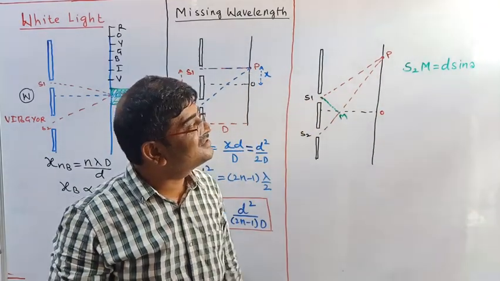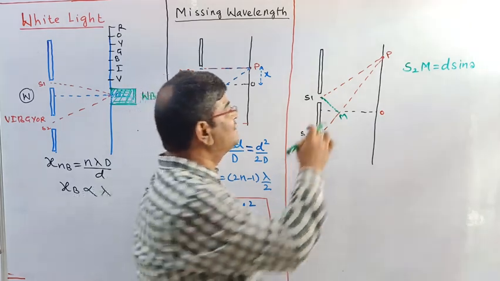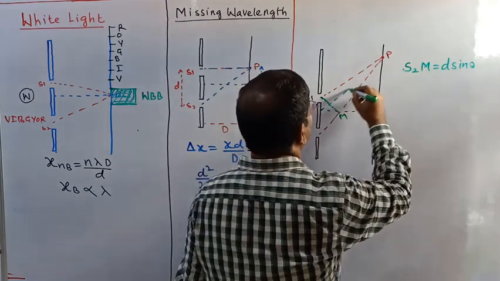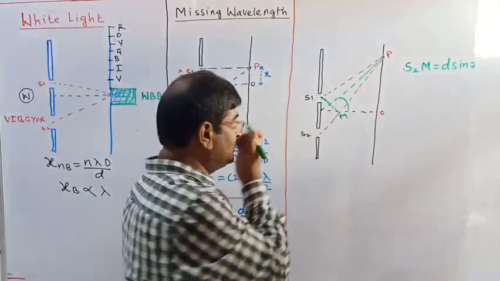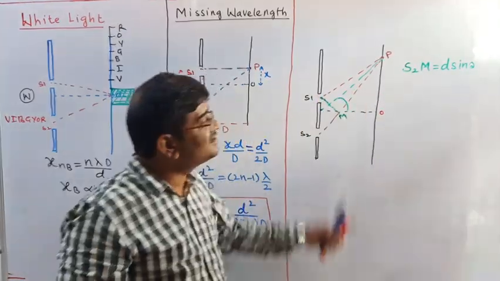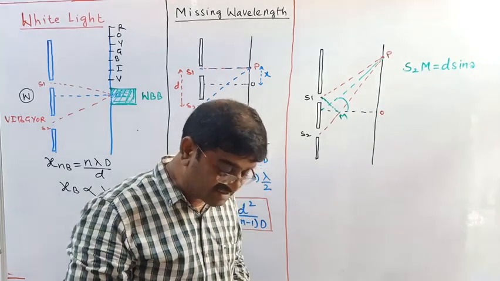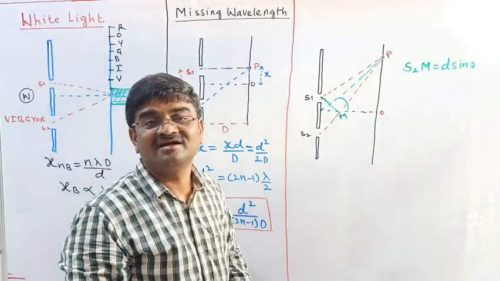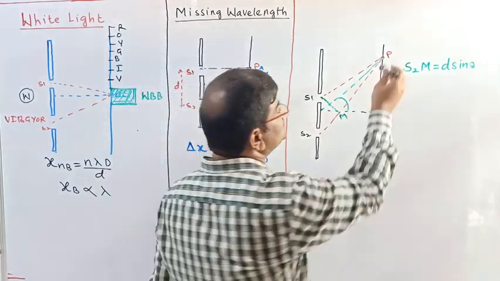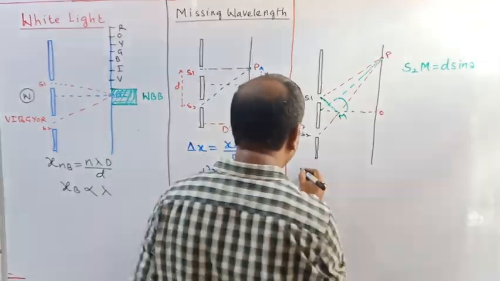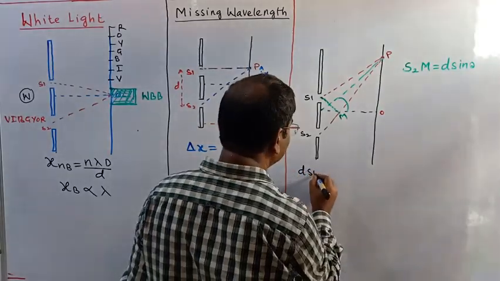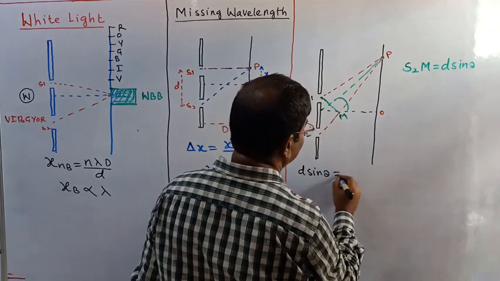How much is the path difference? d sine theta. By having this angle as theta and this as d, you can refer to the figure and you get the path difference as d sine theta. Now if I wish P to be the nth bright band, then I will have path difference d sine theta equal to n lambda.